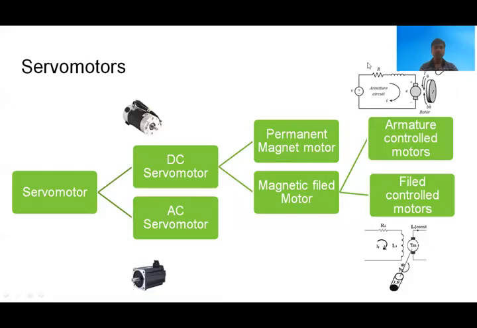The servo motors are classified into DC servo motor and AC servo motor based on the voltage supplied to the motor. The DC servo motor has linear characteristics, therefore position control in high power applications is also very easy. Whereas the AC servo motors are cheaper, have high efficiency and less maintenance requirement, but their characteristics are non-linear.